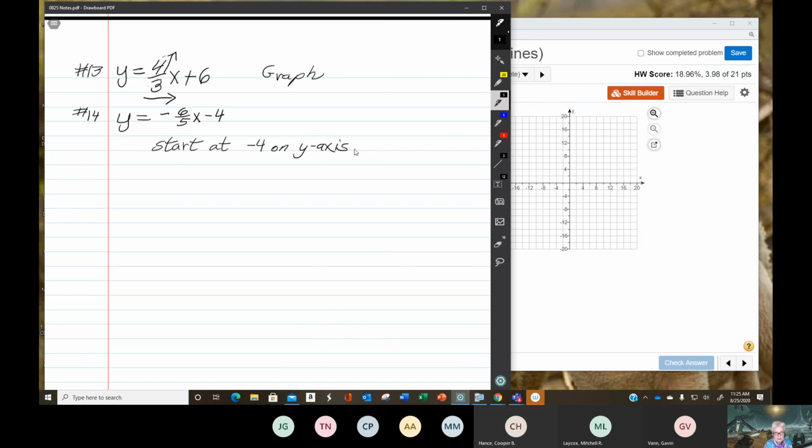Then our slope, we have to stop and consider this for a minute. Our slope is -6/5. We have a lot of freedom here, okay?